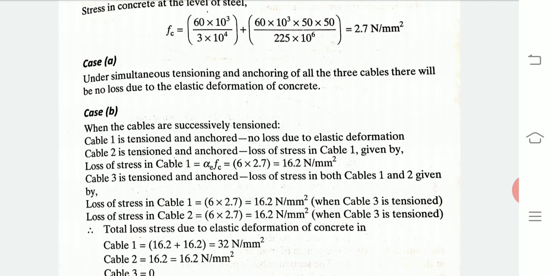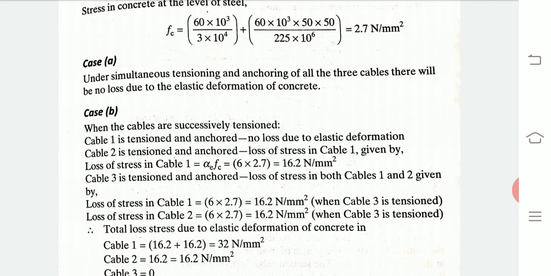Therefore total loss in cable 1 is 16.2 when cable 2 is tensioned, 16.2 when cable 3 is tensioned. Adding it up, we get 32.4. In cable 2, the loss takes place only once, when the third cable is stressed, that is 16.2, and in cable 3 there are no losses.